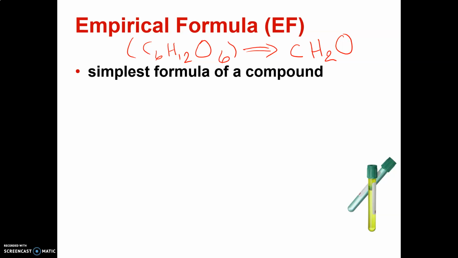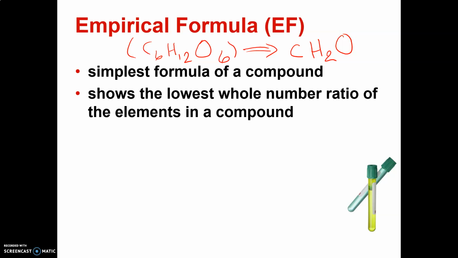This is the empirical formula of glucose, which is the simplest formula of compound. Or we can say that it shows the lowest whole number ratio of elements in one compound. As we can see, in glucose C6H12O6 is not the simple ratio between the three elements.